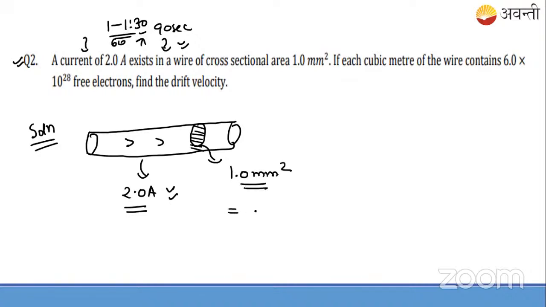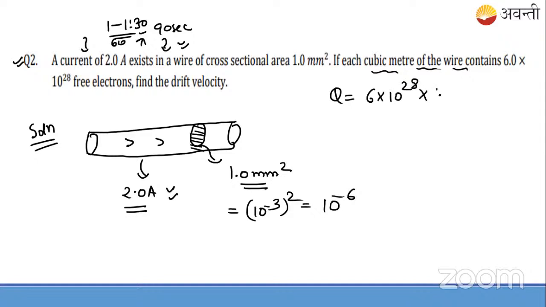That means this is 10 minus 3 squared, this is 10 minus 6. And each cubic meter of the wire contains this many electrons. These are the number of electrons. So the total charge will be the number of electrons given into 1.6 into 10 minus 19 coulomb. This will be the number of charges.